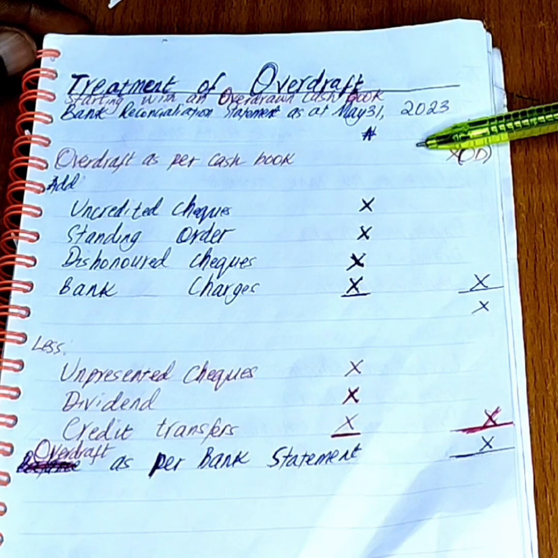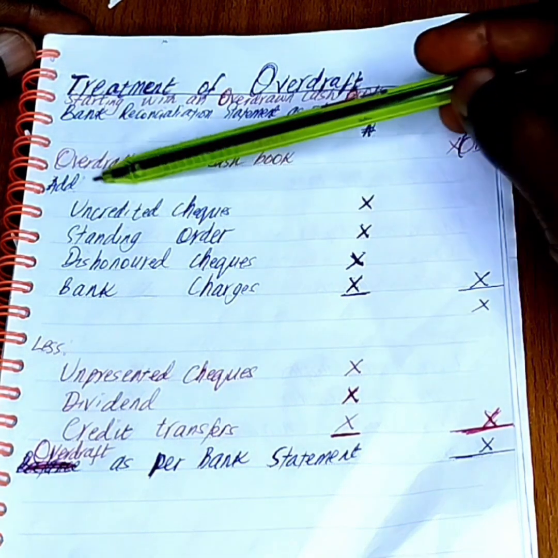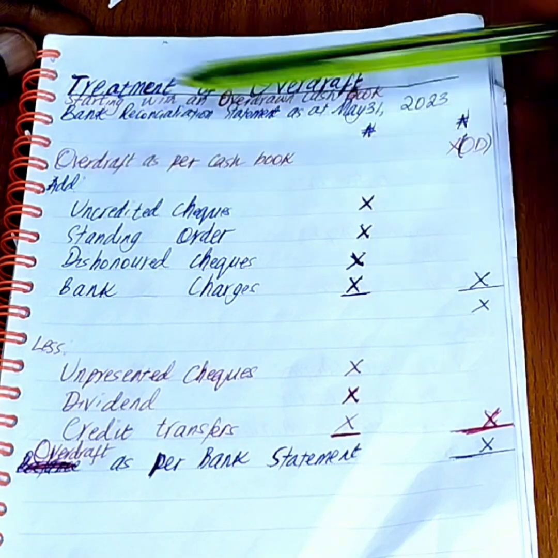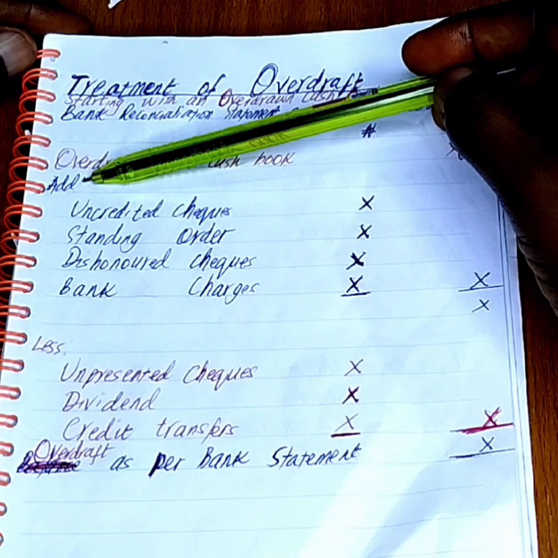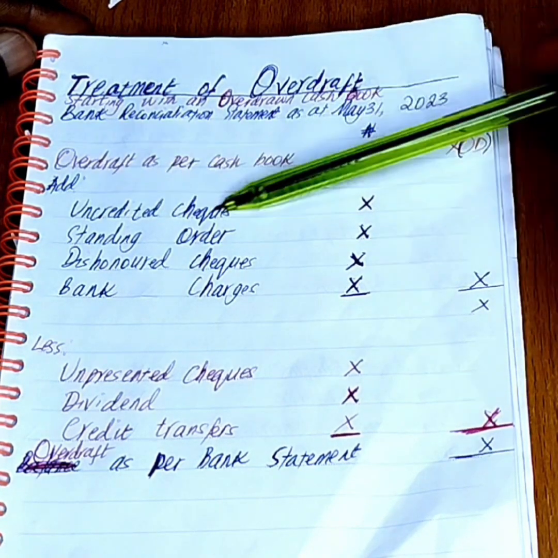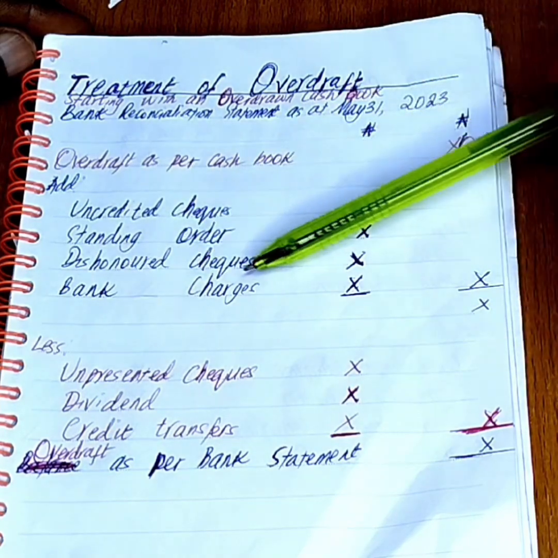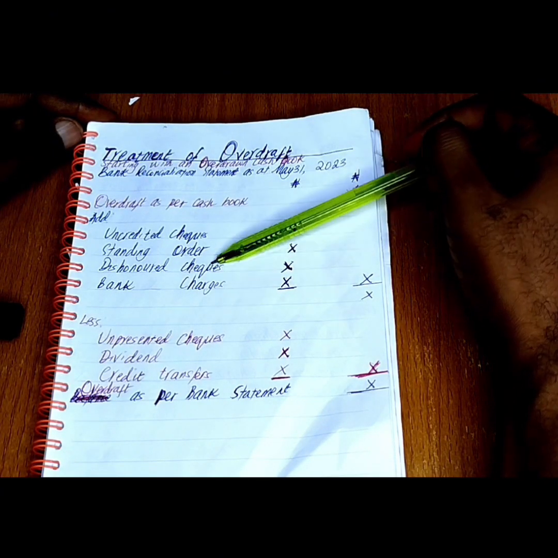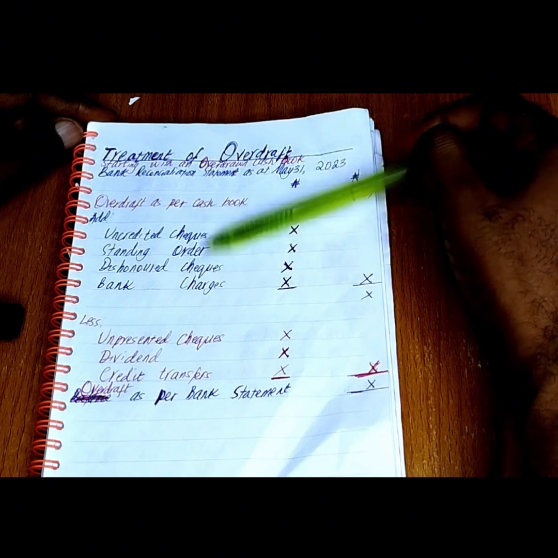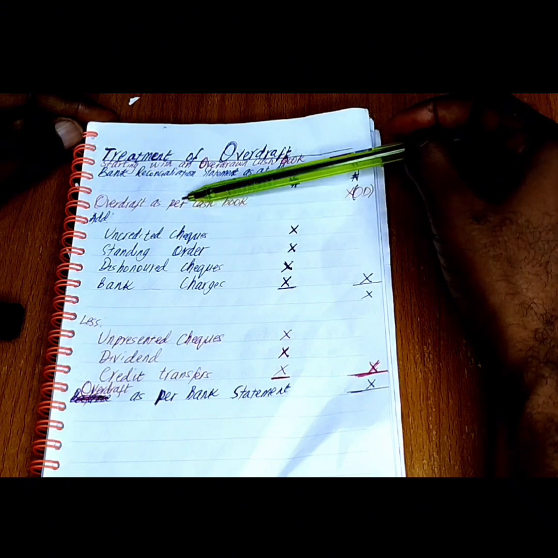When there is an overdraft, how do you treat it? When there is an overdraft and you are starting with overdraft as per cash book, what will you do? You add these items: uncredited checks, standing order, dishonoured checks, and bank charges. Why would you do this? You can see that this pattern is different from what we did when we started with what?